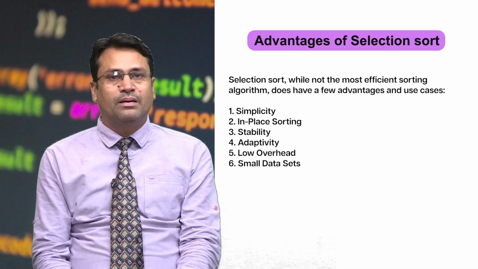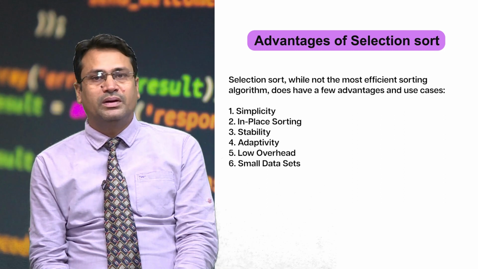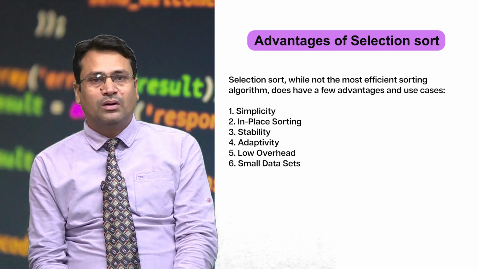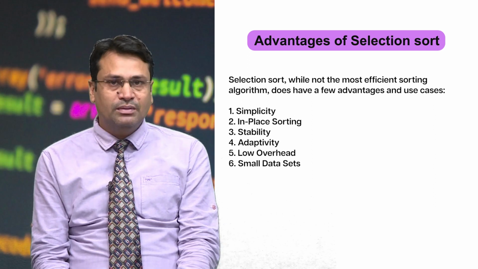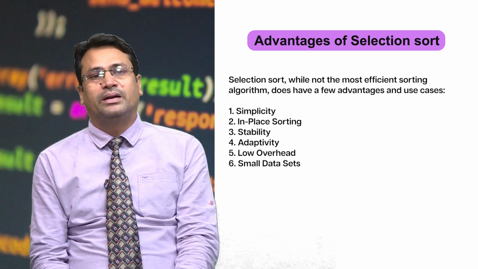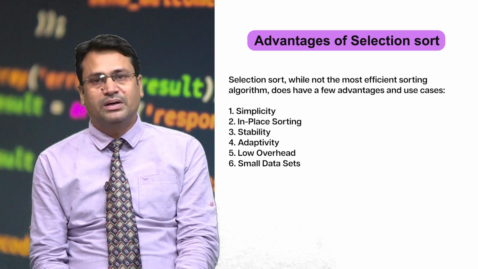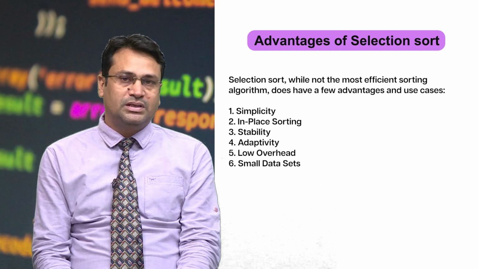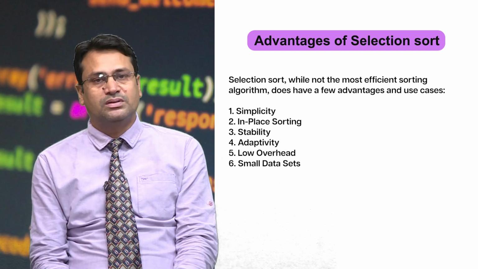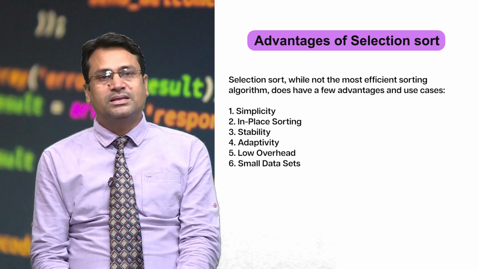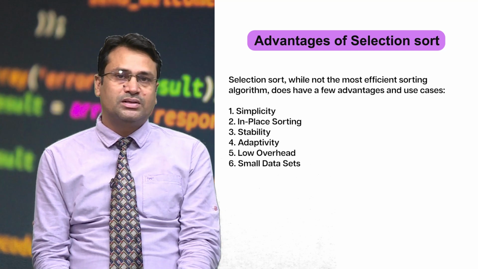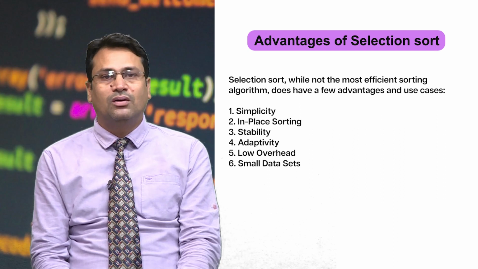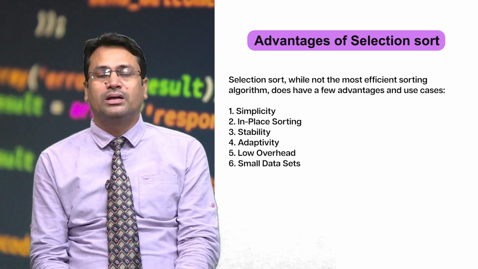Next is adaptivity. Selection sort's performance is not dependent upon the initial order of elements. It performs roughly the same number of comparisons and swaps regardless of whether the input data is partially sorted or completely unsorted. This can be an advantage in some situations. Next, low overhead. Selection sort has relatively low overhead in terms of extra variables and logic compared to some other sorting algorithms.